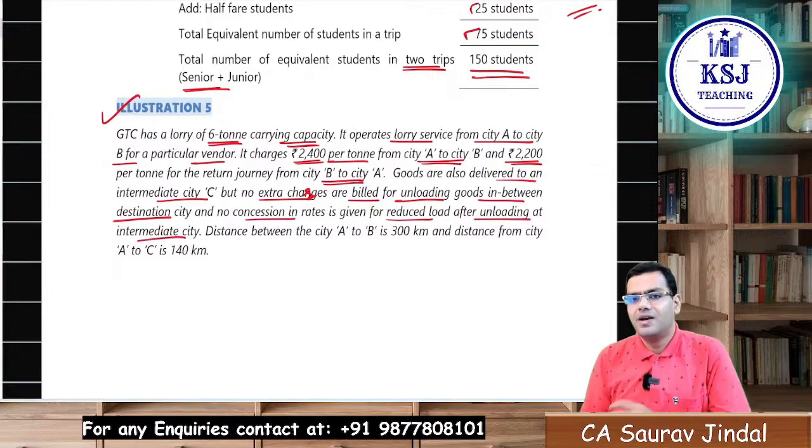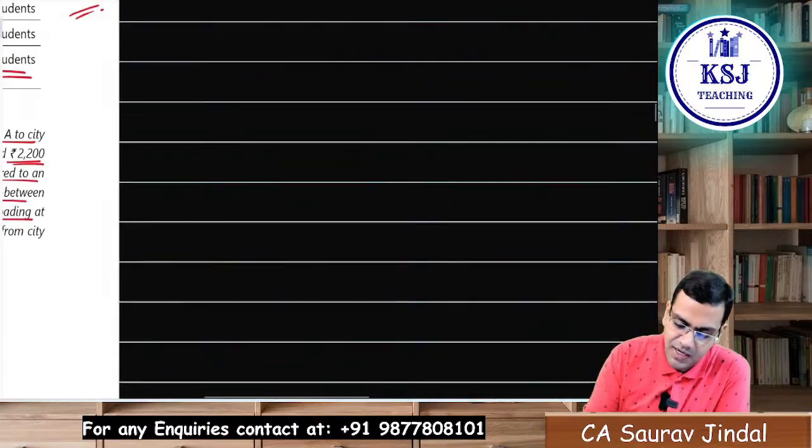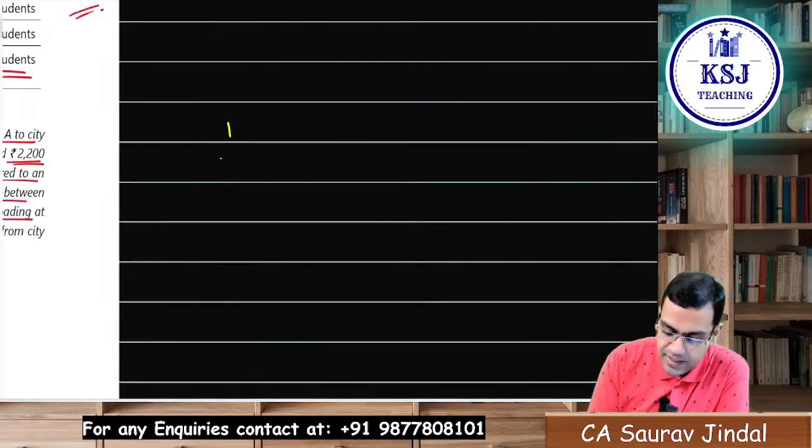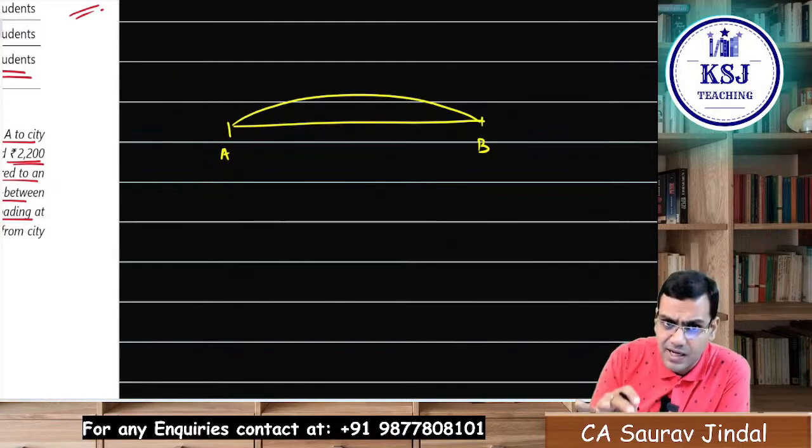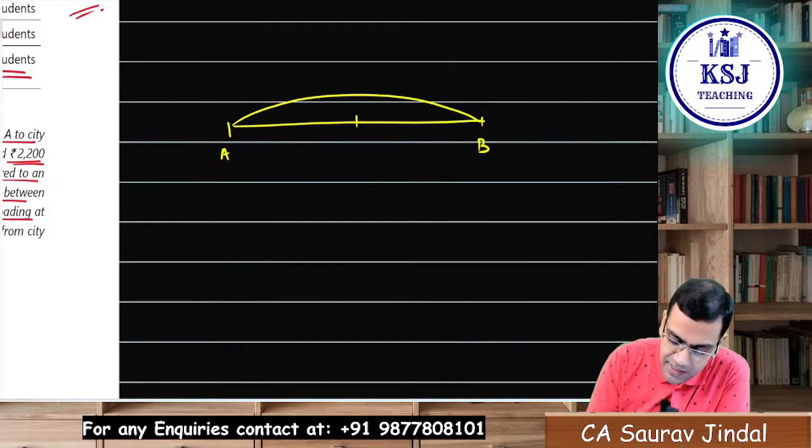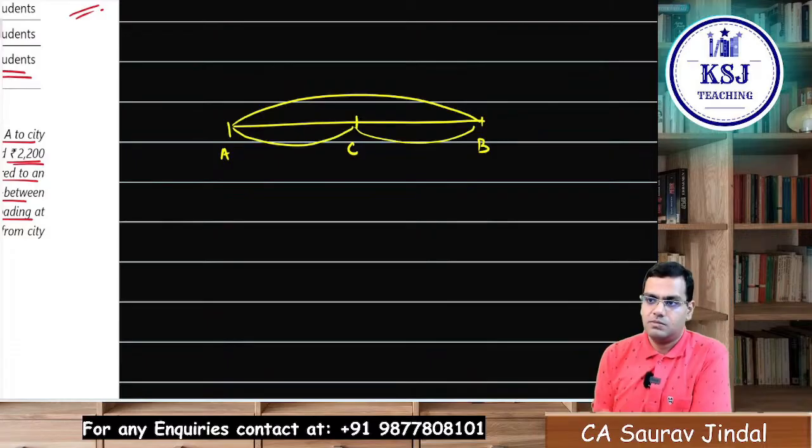That means the regular trips are between A and B, right? This is station A, this is station B. Normally it goes from A to B. Sometimes there is an intermediate station C, and then it goes from A to C, then C to B. Sometimes, not every time.